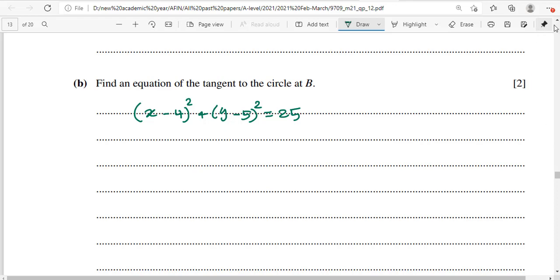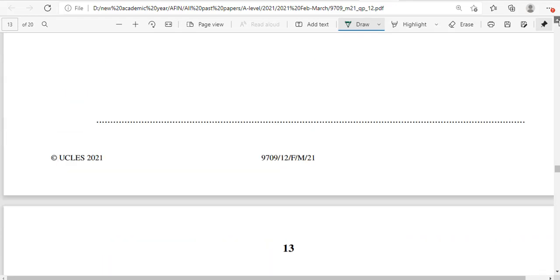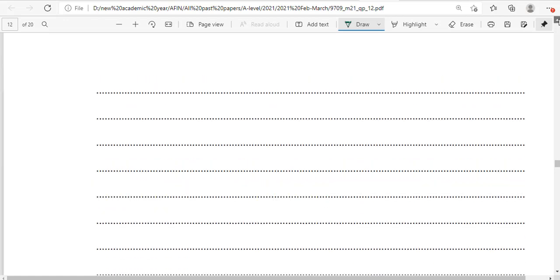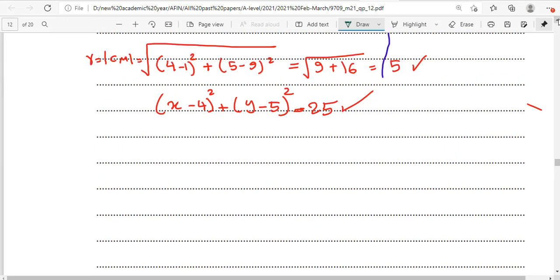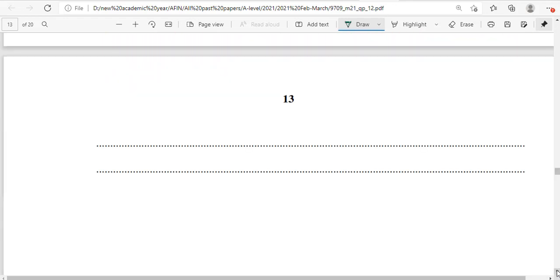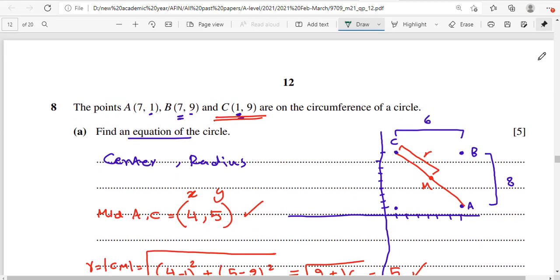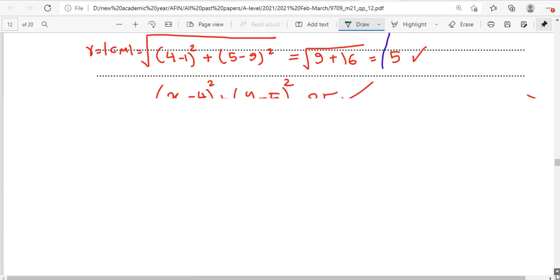Let me just give it a quick check. This is the equation, and point B, just copy it and don't come back to this page. 7, 9.